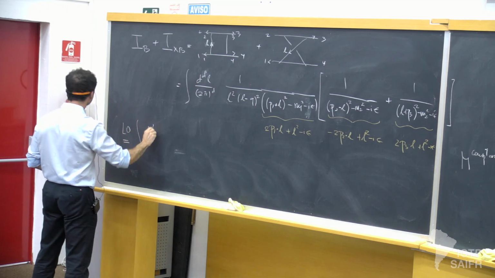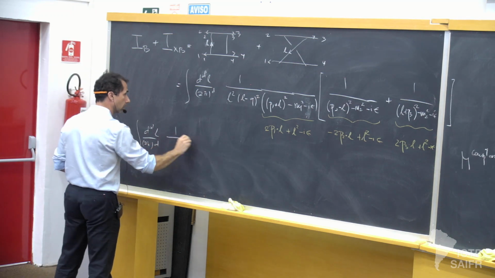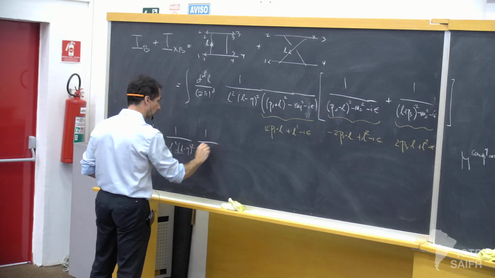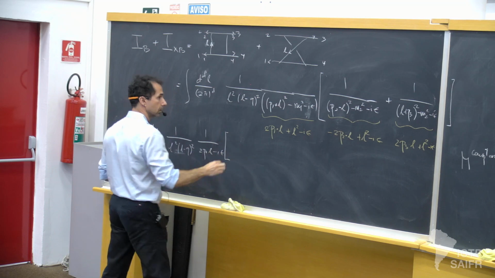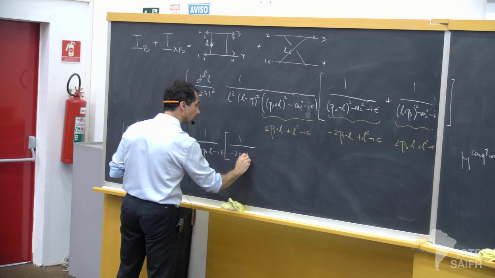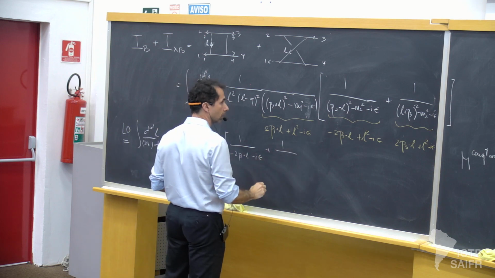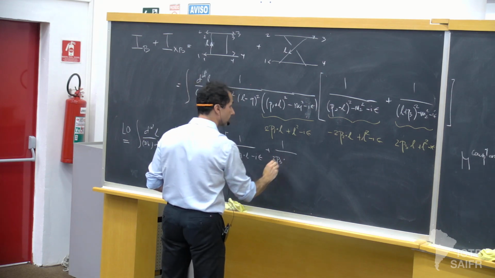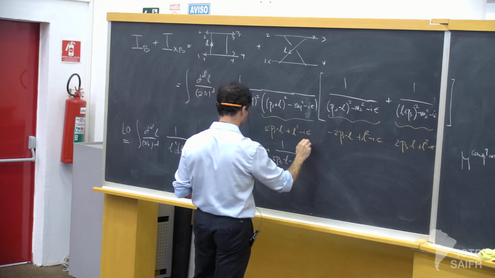It is the integral d^d L over (2π)^d, 1 over L squared, (L minus Q) squared, 1 over 2 P1·L minus iε, times 1 over minus 2 P2·L minus iε plus 1 over 2 P3·L minus iε.